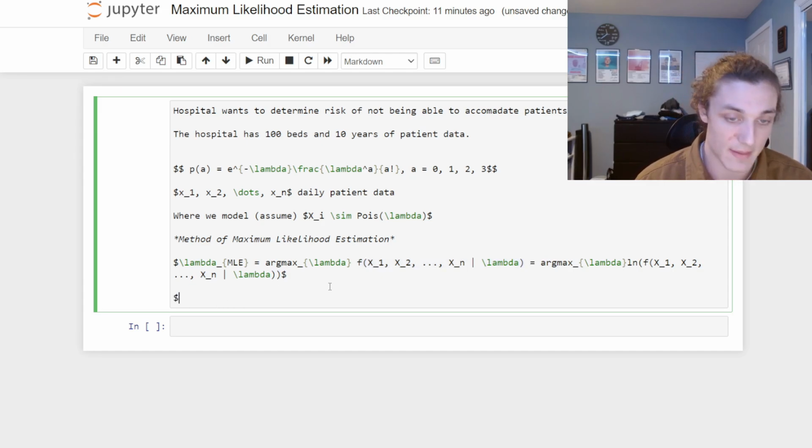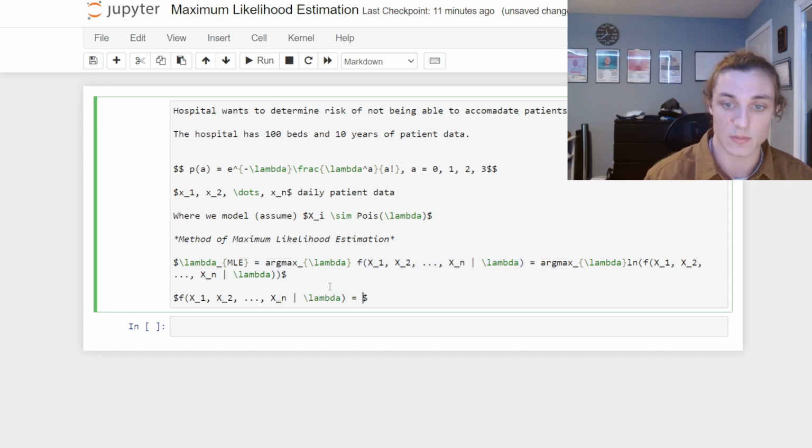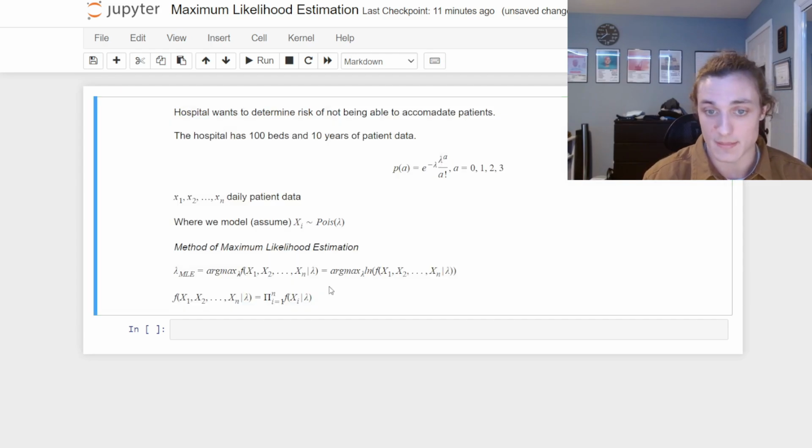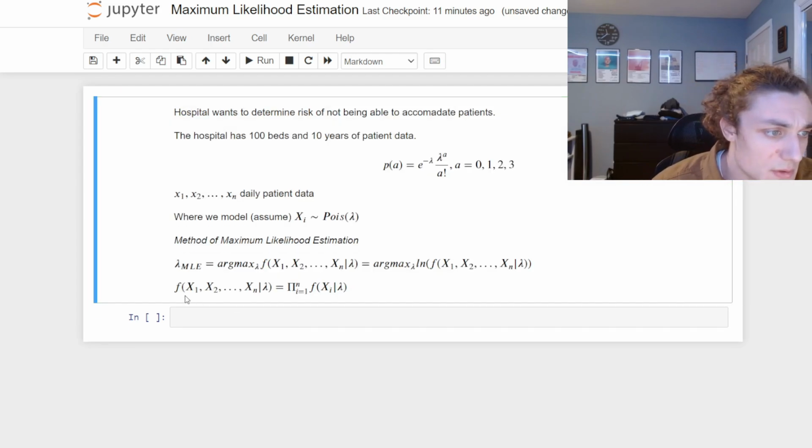So we can say this is equal to big pi, i equals 1 all the way to n, of f of x_i, and of course we're given this lambda here. So this is just a simple property of independence.